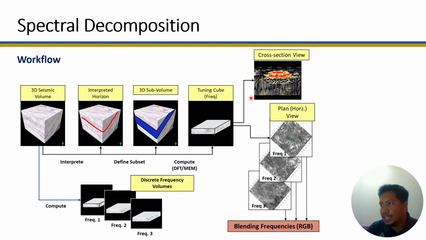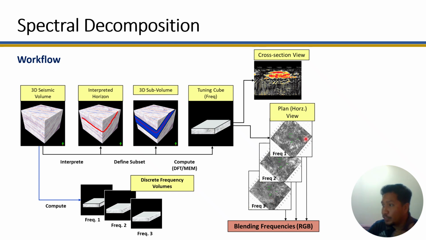And later after that, we do the time slicing, the time structure map, by looking at the cross section view. We also do the plan horizontal view, meaning the view from the top. And we view all the frequencies. In this case, we always use three frequencies: the low, the middle, and the high frequency.